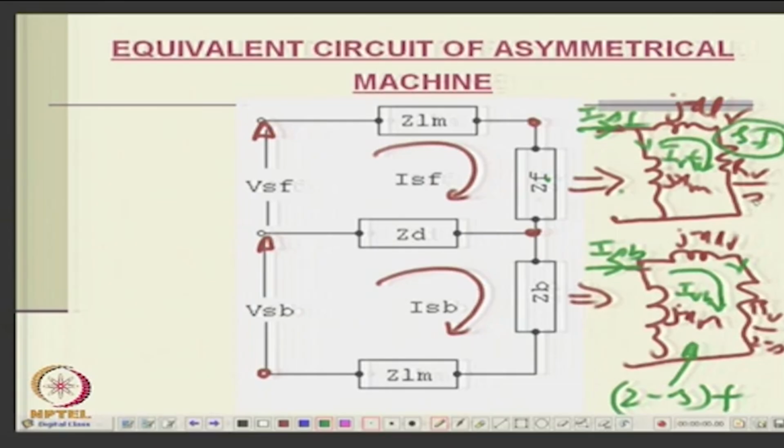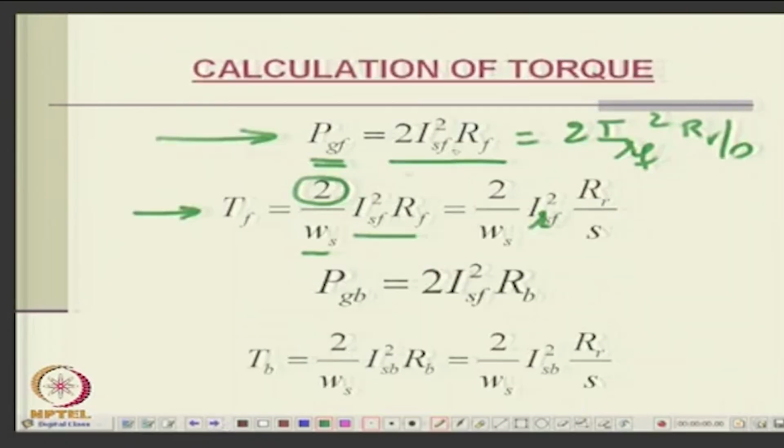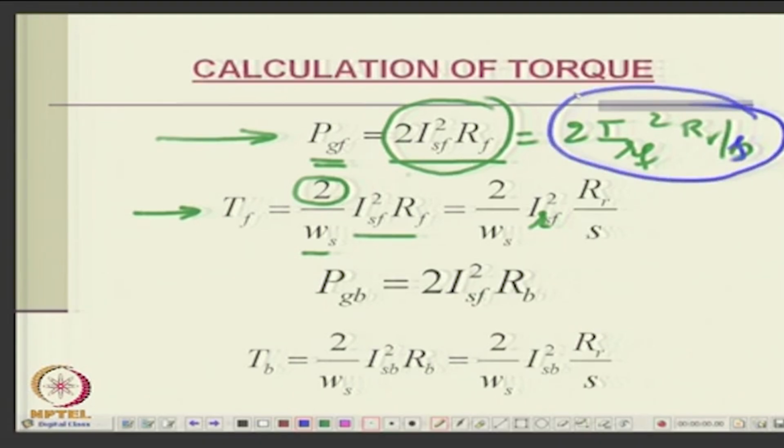Any doubt on this? Okay. Therefore, ISF square RF is equal to IRF square RR by S. Similarly, the forward torque will be given by 2 by omega s IRF square RR by S.